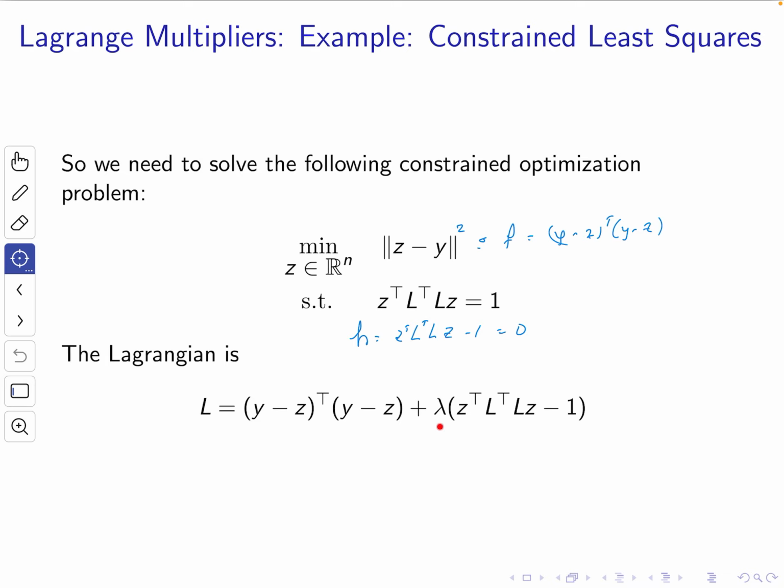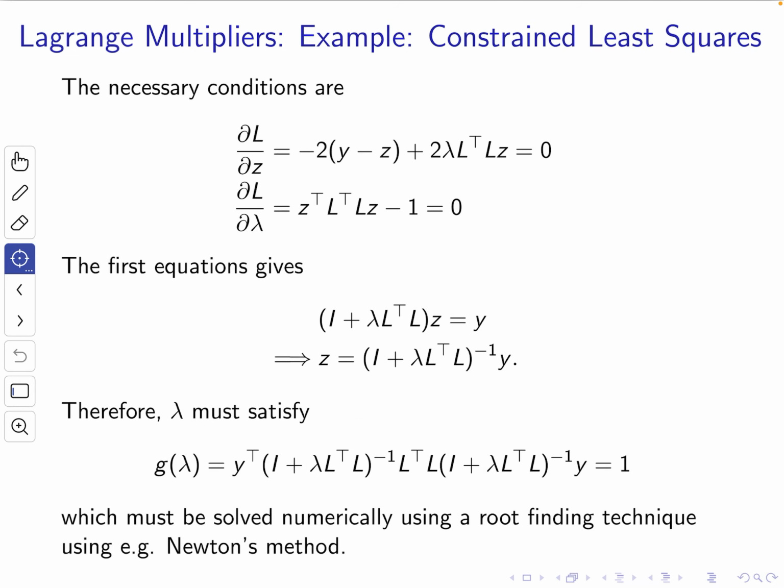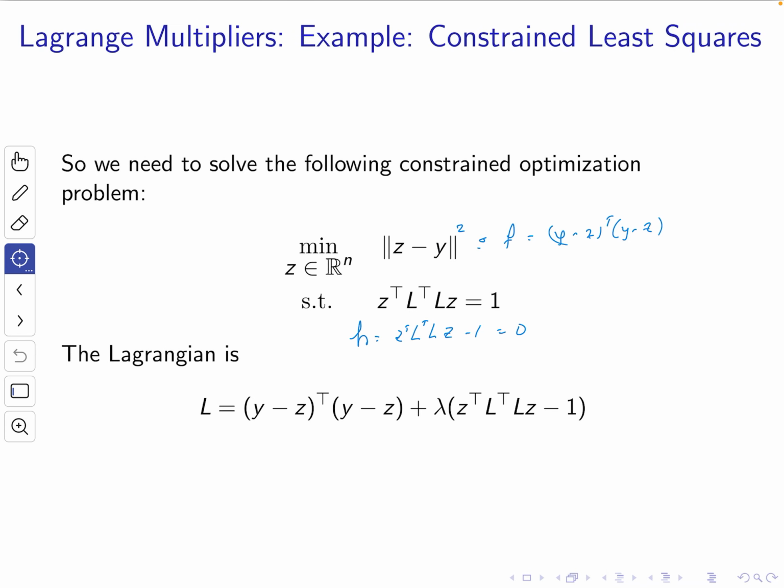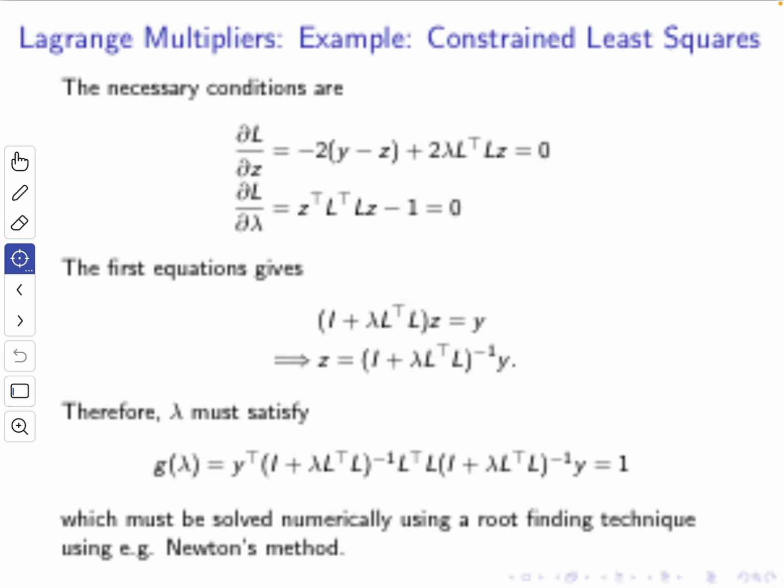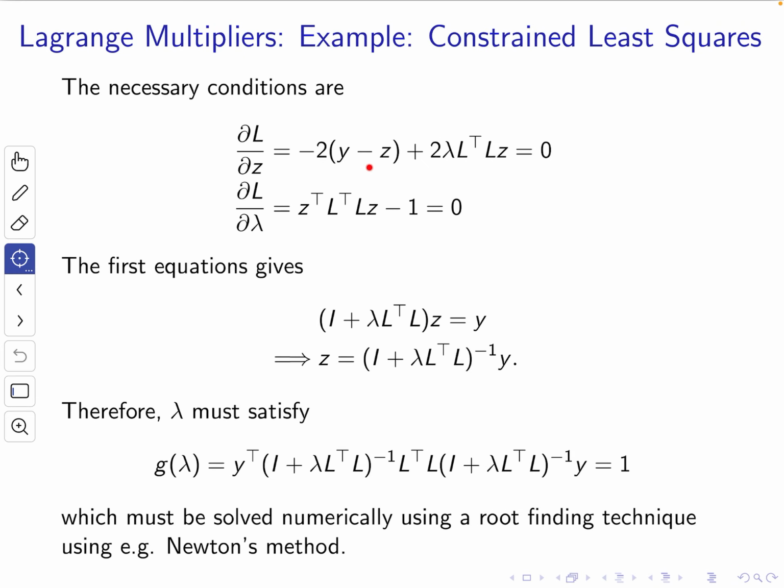And then when I take this with respect to z, I'm going to get lambda 2 L transpose Lz. This is a quadratic form, so it's going to be this guy times its derivative plus this guy times its derivative, so there'll be 2 of those. So I'm going to get minus 2 (y minus z) plus 2 lambda L transpose L times z equal to 0. And when I take the partial with respect to lambda, I just get my constraint.